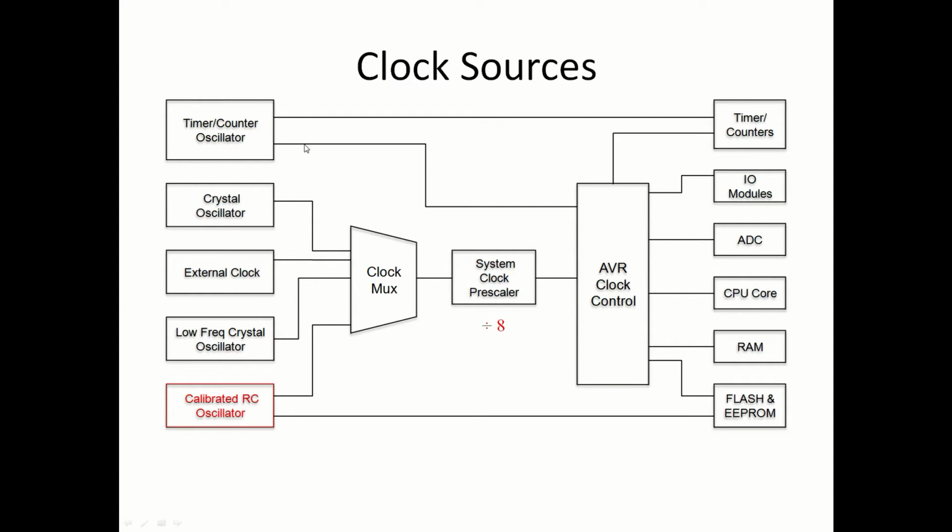Timers can have an external oscillator independently connected to the timer modules. These clock sources can be selected with the help of the multiplexer and can be divided by a prescaler so that various peripherals will get different clock sources, like ADC, flash memory, timers, and so on.